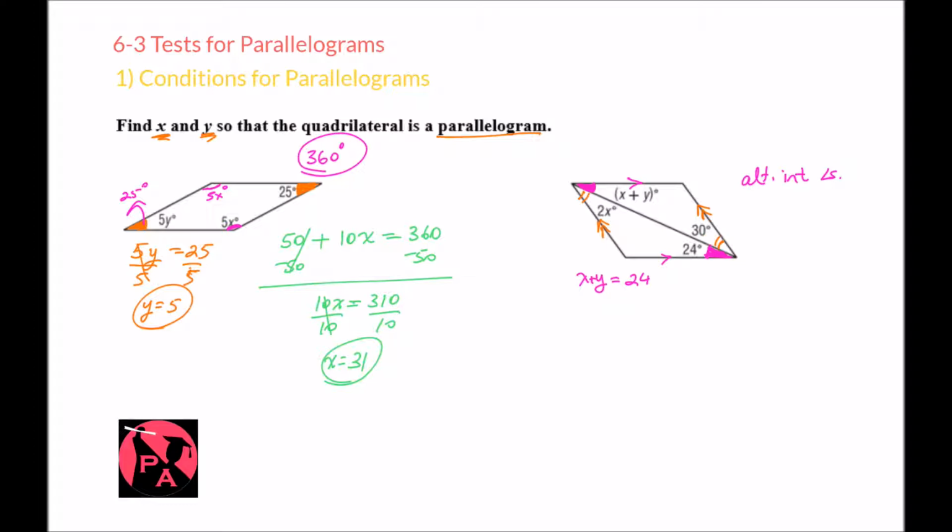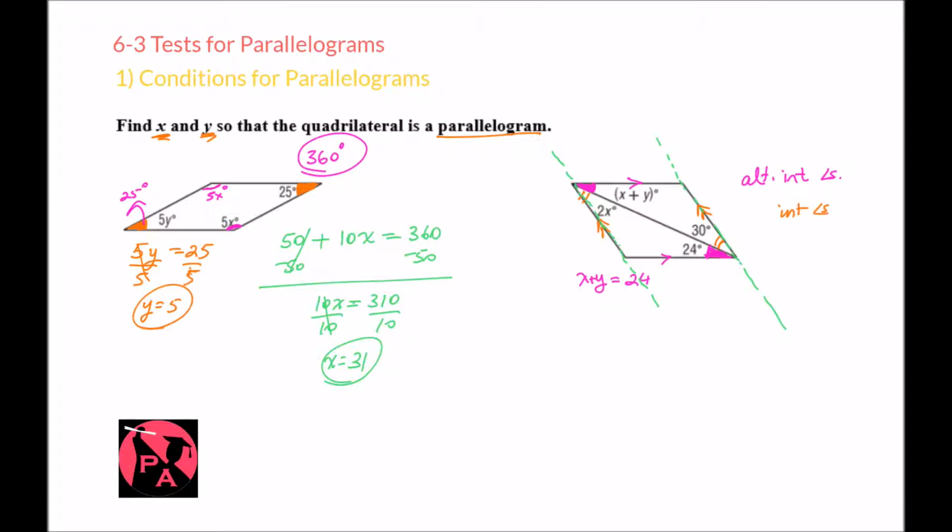So if you consider just a second, let's imagine these lines are extended like this, the parallel orange lines. So both of these angles, 30 degrees and 2x, they are between the green lines. That's why they are interior angles.